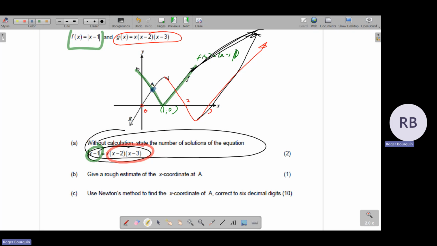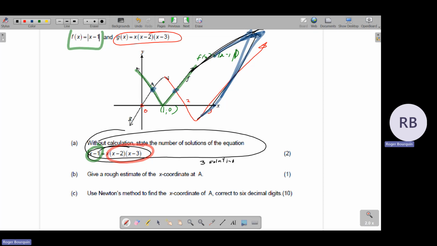There will be 1, 2, and later on, sorry, it's not to scale, you'd have your third point of intersection up here, because as I say, this graph will become steeper and steeper. So the answer to question A, the number of solutions: there are going to be 3 solutions to this equation, which finds the points of intersection of the two graphs.